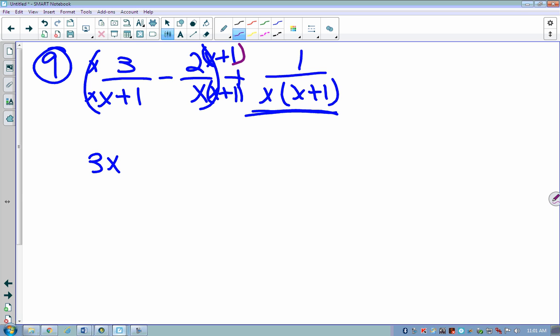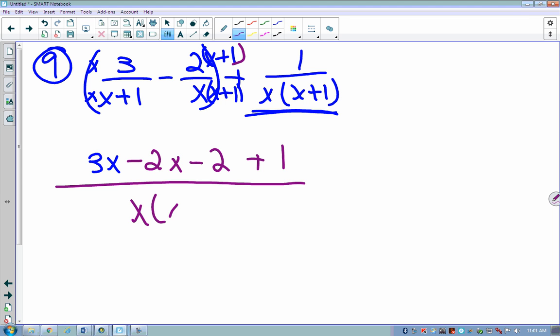So 2 times x plus 1 is 2x plus 2, or minus 2x minus 2, plus 1 over here. My denominator is x times x plus 1. All right, what's the next step in all this?